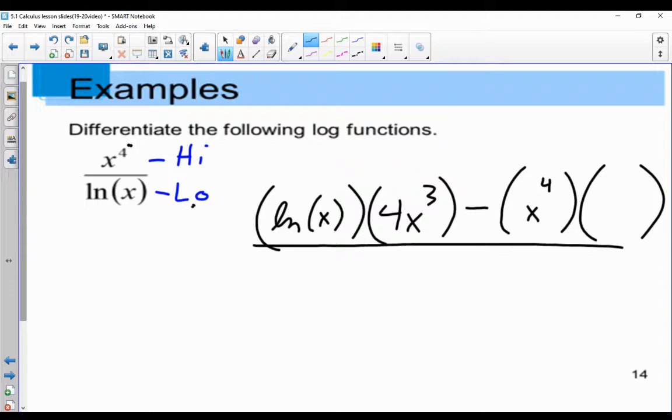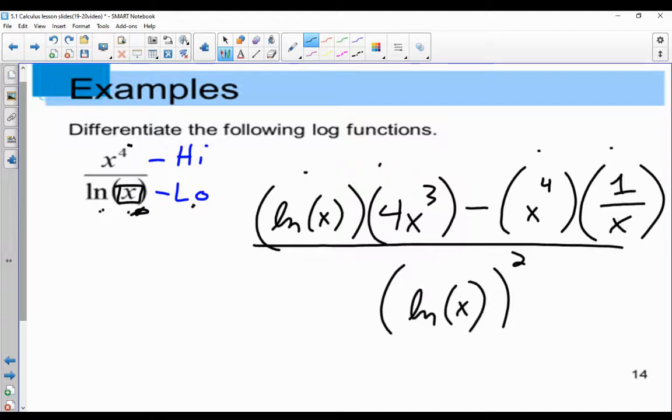Now remember, anytime you do the natural log, just focus on the parentheses. So first, derive the parentheses. Derivative of x is 1, and then divide by the original. And the original is x. So there you go. Low d high minus high d low, and then bottom squared, where your bottom is just natural log of x. All right, let's simplify.